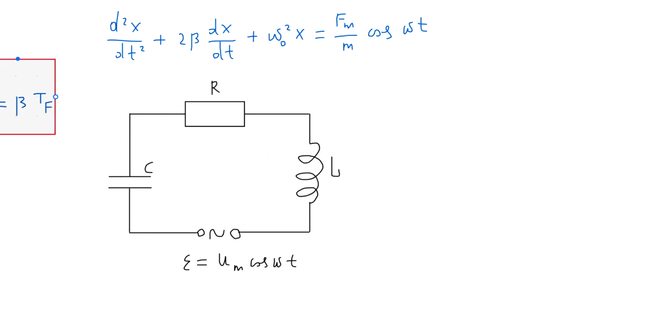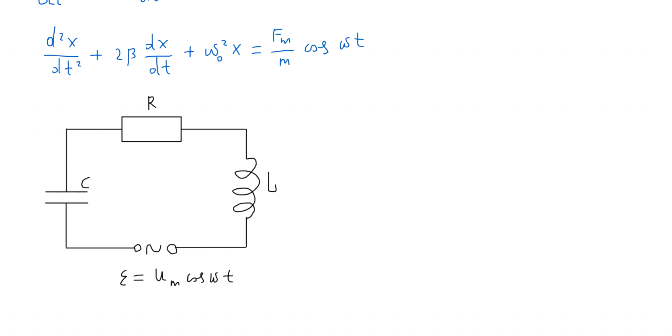So let's try to understand what happened in this system. We can use the information about connection in series.